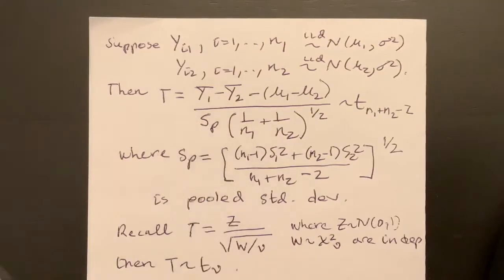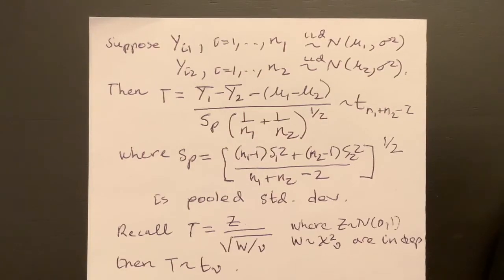Okay, so what's the distribution of y1 bar minus y2 bar? It's just the difference of two normals. This is normal, with mean mu1 minus mu2.